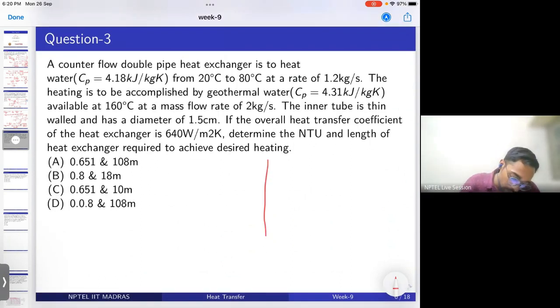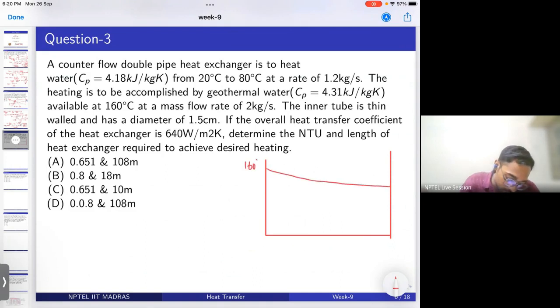So we have a counterflow heat exchanger. Geothermal water is coming in at 160 degrees Celsius, and the normal water is being heated from 20 degrees to 80 degrees Celsius. This mass flow rate is given as 2 kilogram per second, and this mass flow rate is given as 1.2 kilogram per second.